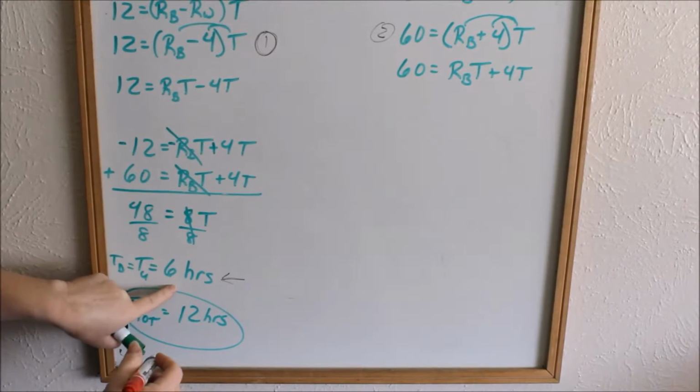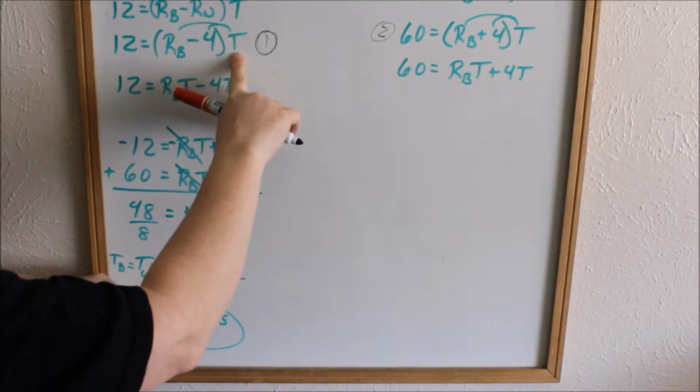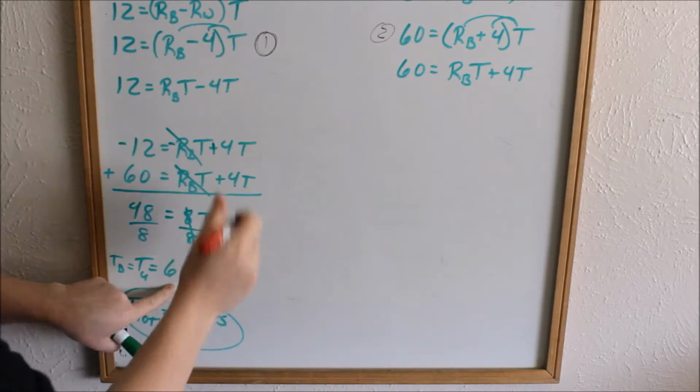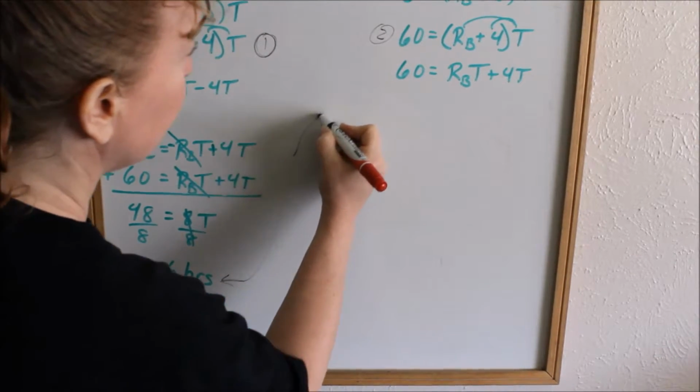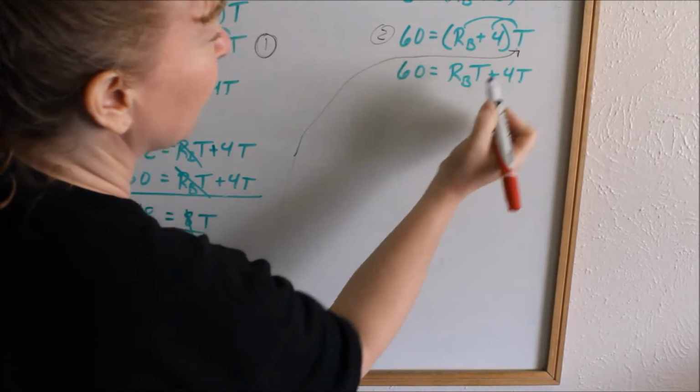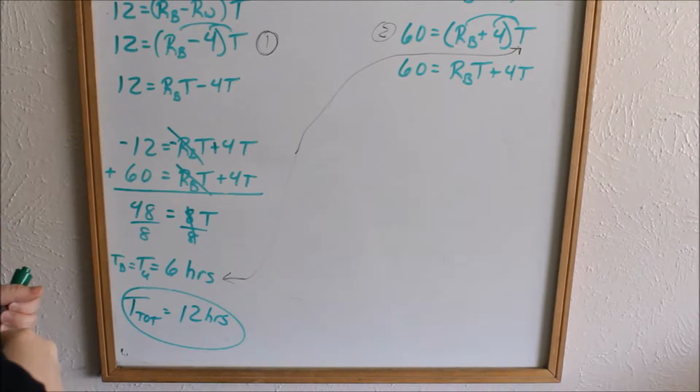We can take our time, because remember, this t represented time of the upstream or the time of the downstream. Okay, so we can take this 6 and substitute it back in for this t right there, and then we can solve for the rate of the boat.